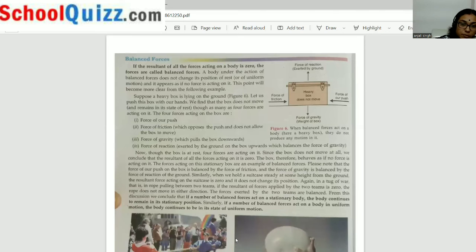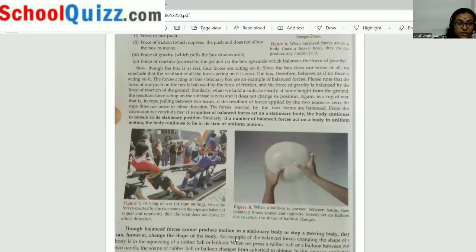Now I am moving on. You can see a tug of war, the best example. I think everyone played it in school or in the playground. In a tug of war, two teams are pulling the rope. But at a point, the rope is stationary.